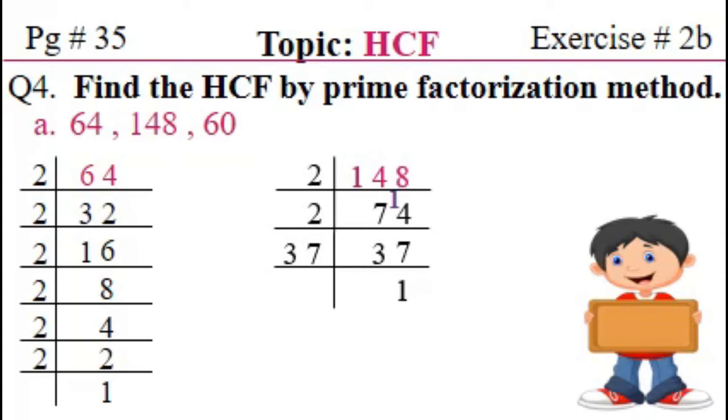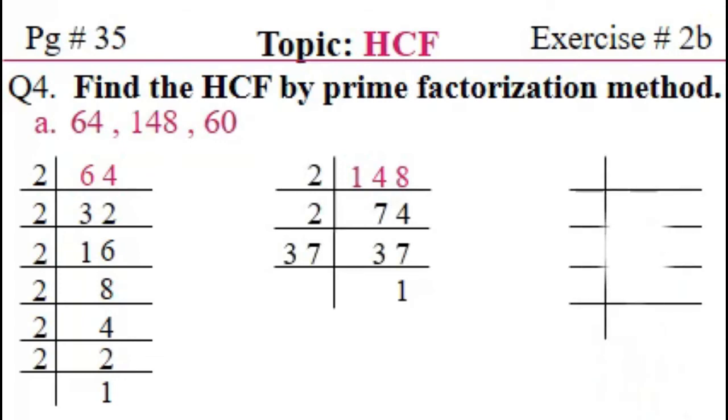Now we will find out the prime factors of 60. 0 at one's place shows that the complete number is even. So we will divide it by 2. 2 times 3 is 6 and 2 times 0 is 0.